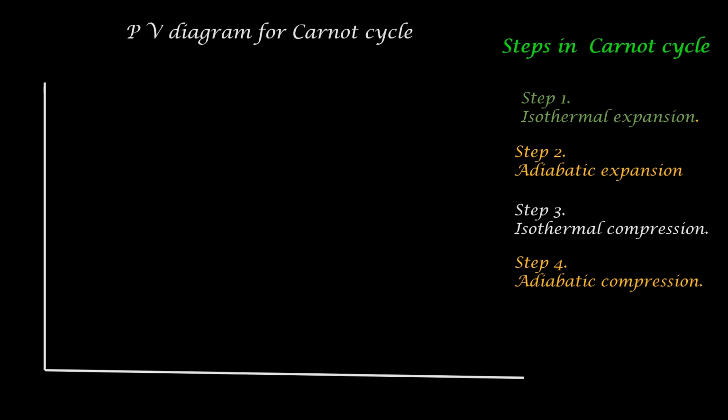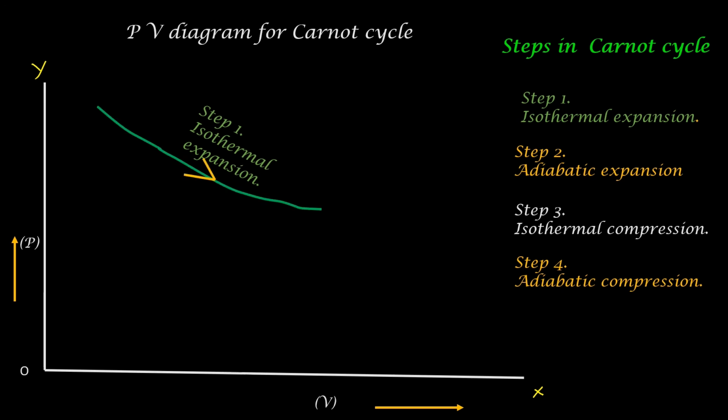This is the X and Y axis with pressure represented along the Y axis and volume represented along the X axis. This is origin. Step 1, isothermal expansion. The graphical representation is like this. This is the initial and this is the final point for step 1. The initial point is marked A. The state of the system is P1, V1, T1.